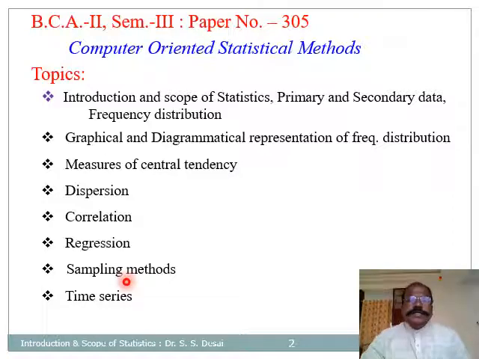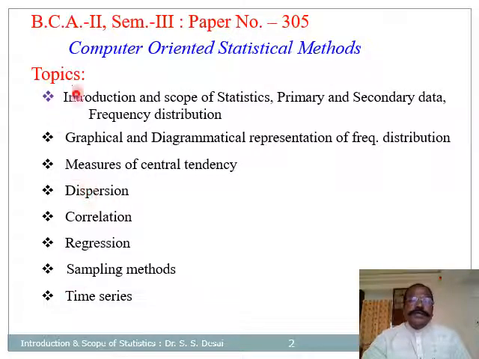This is the list of topics for your paper. BCA Part 2nd, Semester 3rd, paper number 305. Name of the paper is Computer Oriented Statistical Methods.